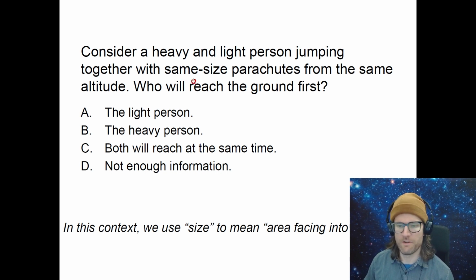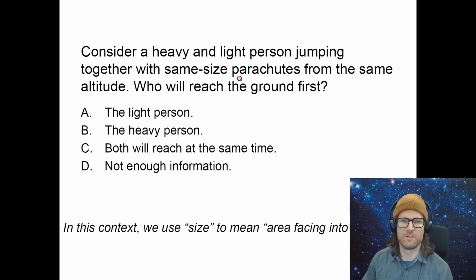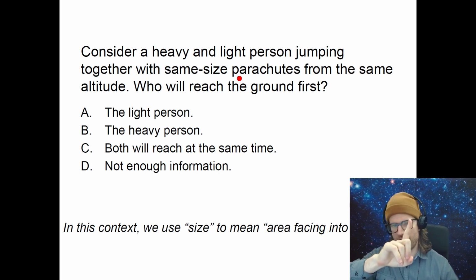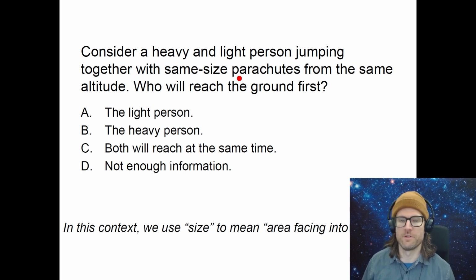They have the same parachutes, same size parachutes. So the air resistance due to the parachutes is coming from the same source, the parachute. Now, in order for the air resistance to cancel out gravity for each person, there must be more air resistance for the heavy person.